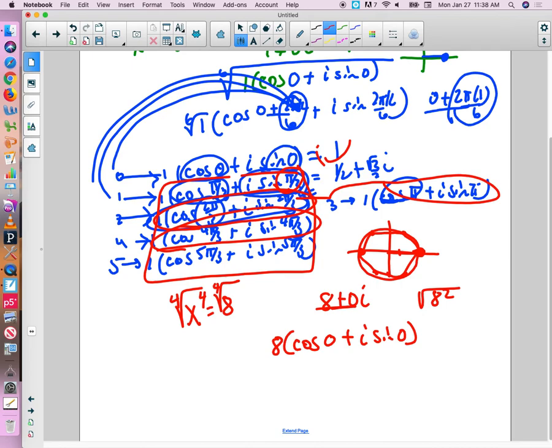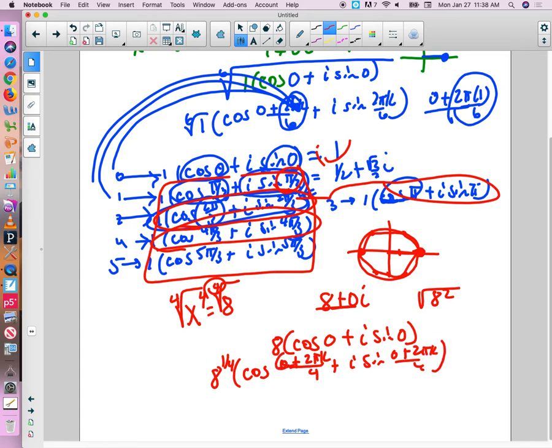So I would take 8 to the 1/4, and then I would say cosine of 0 plus 2 pi k, divided by 4, plus I sine of 0 plus 2 pi k, divided by 4.